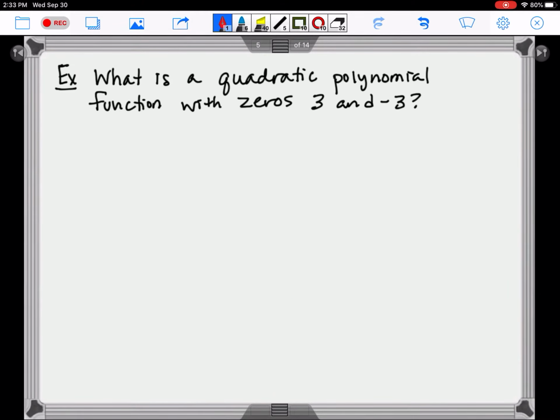Let's take a look at this example. It says, what is a quadratic polynomial function with zeros of 3 and negative 3? Well, here's what I know. If I have a zero of 3, then that tells me the factor is x minus 3.